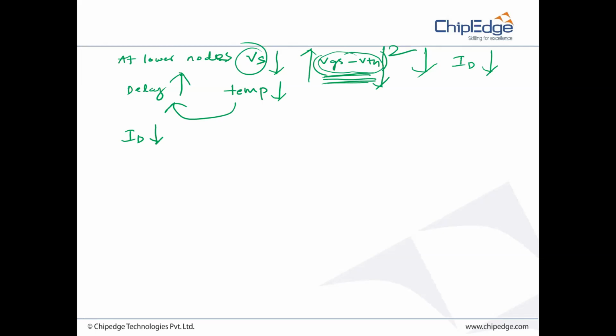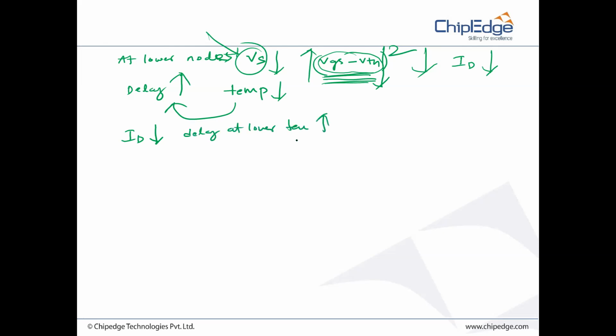As Vs is very less, obviously your Vth will be very, very less, and VGS also will become very, very less, right? This is the main thing. Whatever you said for higher nodes is correct, but not for lower nodes, right? Any doubts here? So as ID reduces, delay at lower temperature increases.